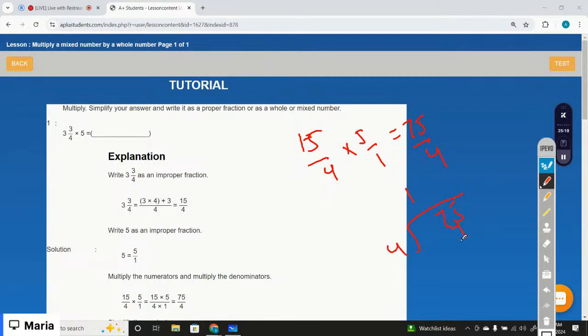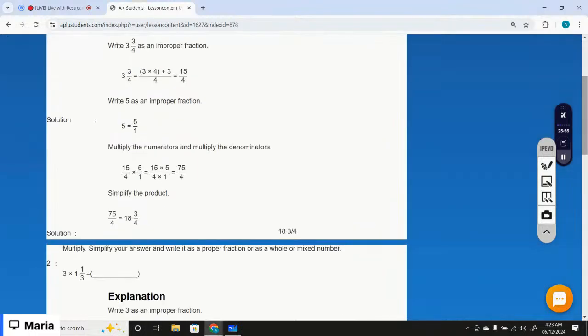Let's just divide. 4 times 1 is 4, 4 times 8 is 32, 4 times 7 is 28. The correct option is 18 whole 3 by 4.